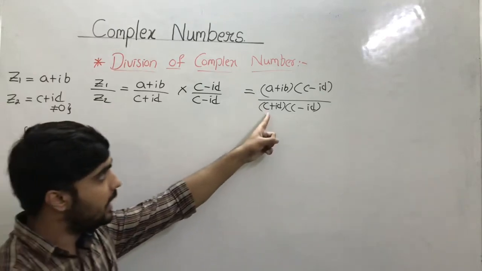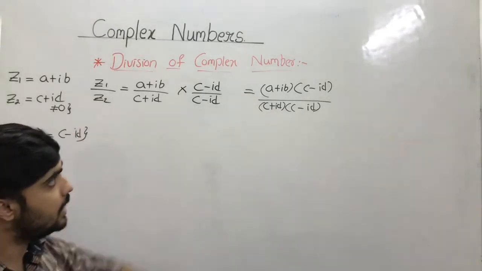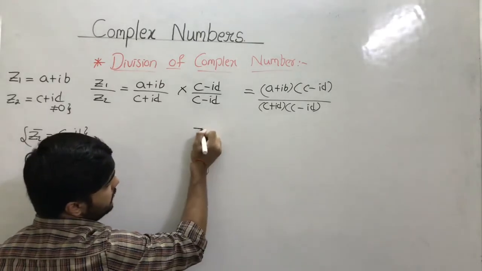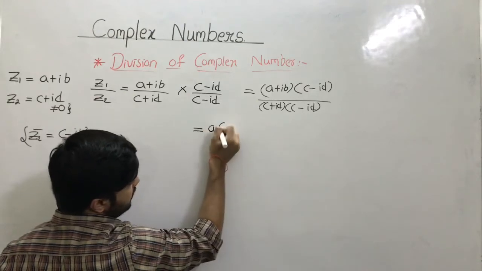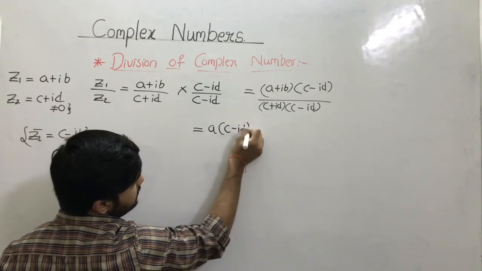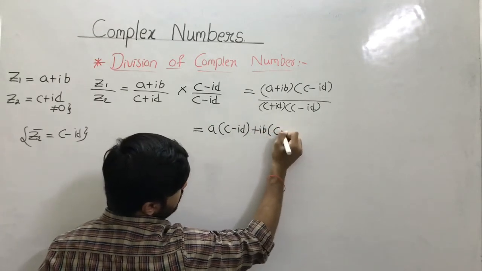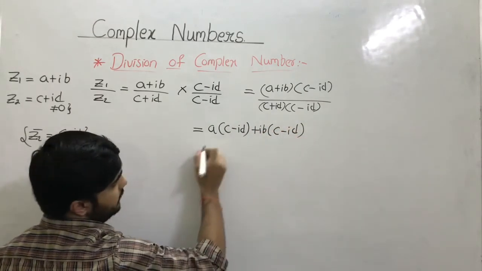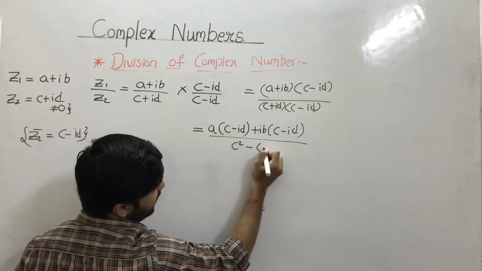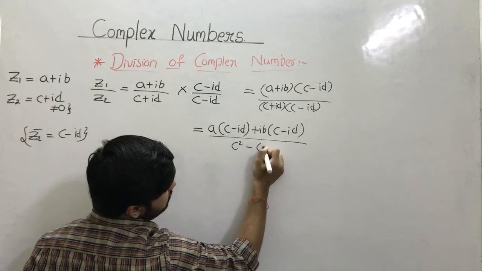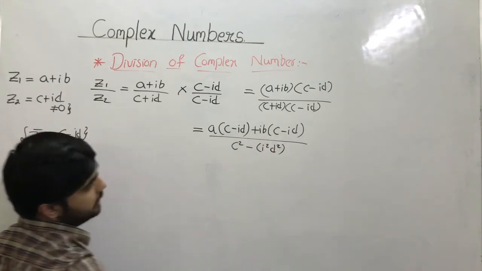Now we know that (a plus b)(a minus b) is a square minus b square in the denominator, and in the numerator we have a into this complete bracket, that is a into (c minus id), plus ib into (c minus id), upon c square minus i square into d square.